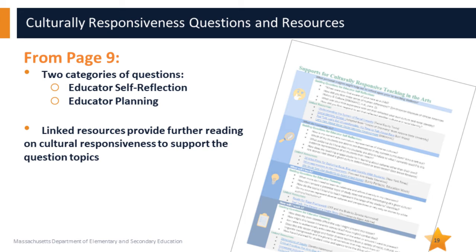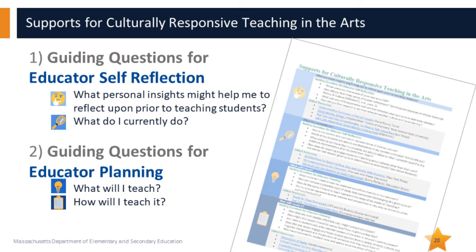Each section has linked resources that arts educators can follow to learn more. The question prompts for educator self-reflection are: what personal insights might help me to reflect upon prior to teaching students? It's pre-work. And then, what do I currently do?